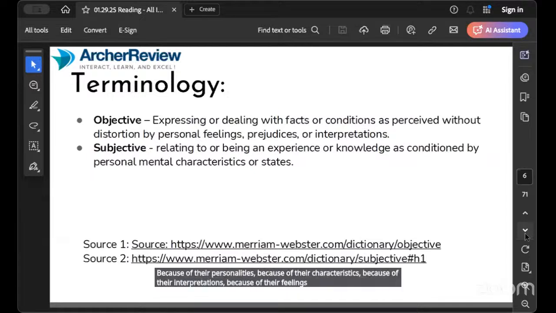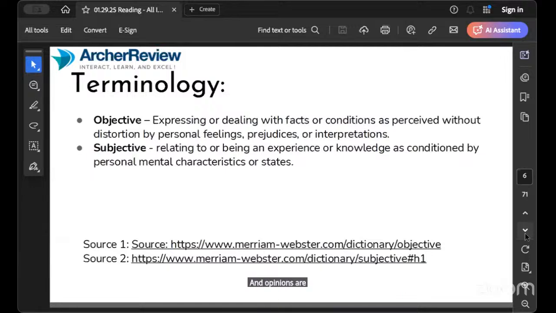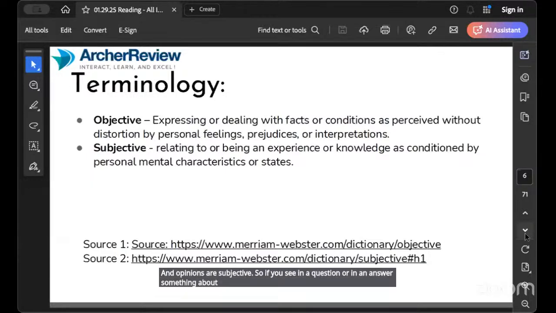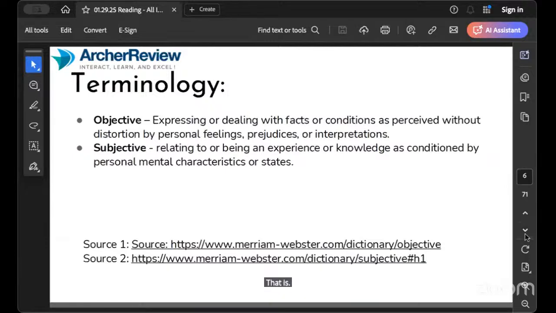So that's where you get opinions, and opinions are subjective. So if you see in a question or in an answer something about it being objective, just know that they're referencing facts. If it is subjective, that is opinions. Okay.